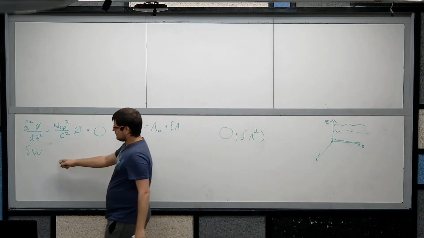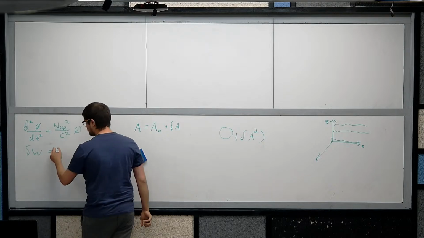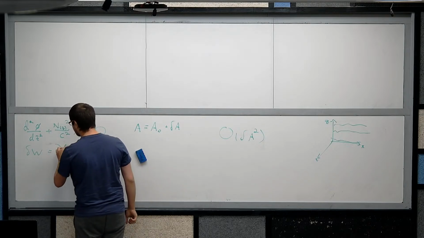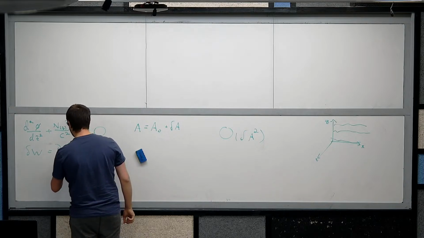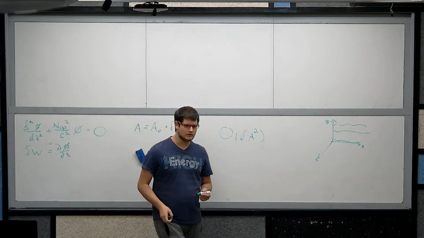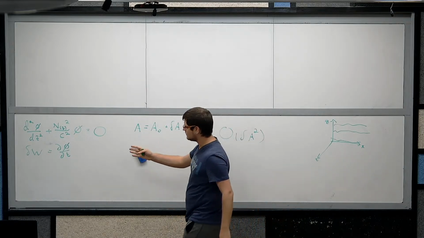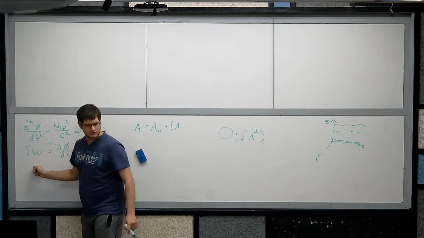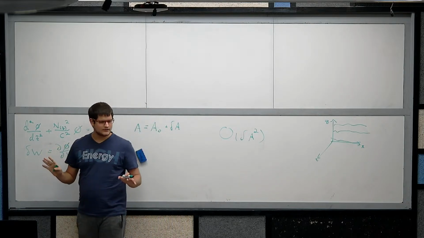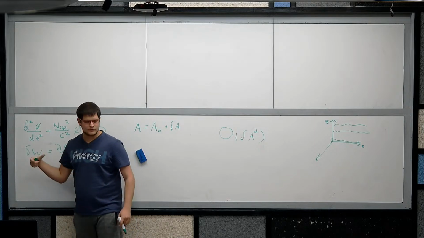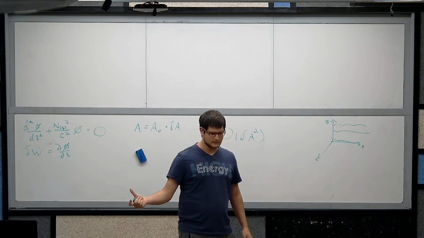So W is the velocity in Z, and I'm practically assuming that there is phi, some sort of function that satisfies that condition. So what I'm practically saying is you can integrate on W, the velocity.